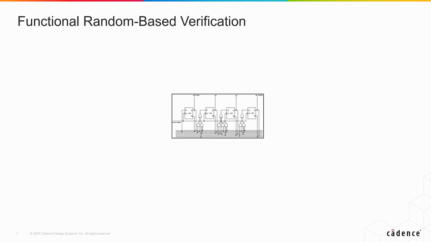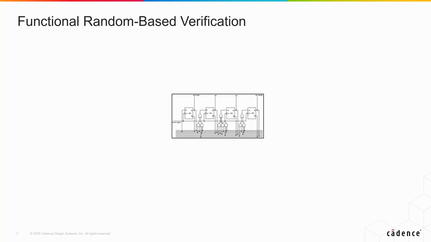And obviously, I need to verify the functionality of my design, and I need to do it long before the design makes it to silicon, because having bugs in silicon is way too expensive and I cannot afford that.